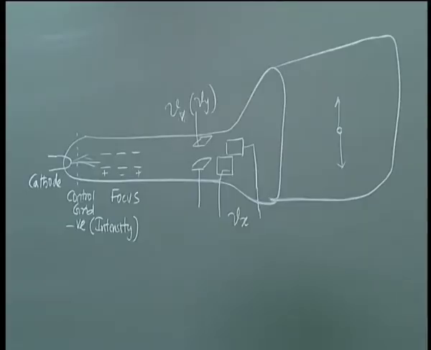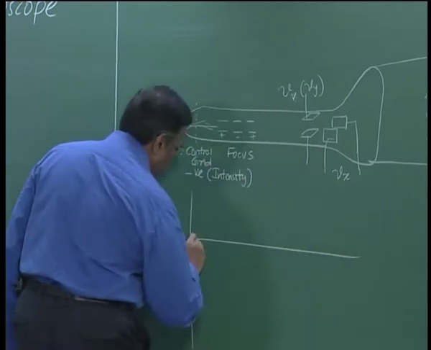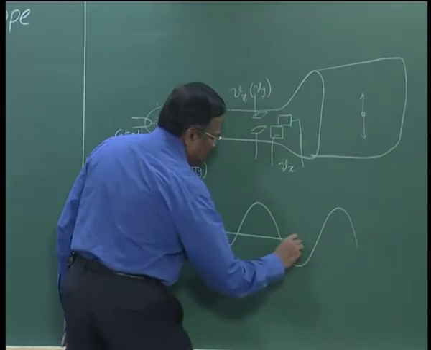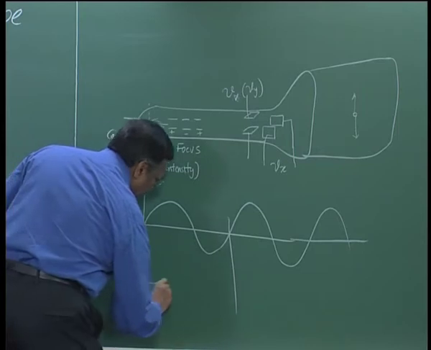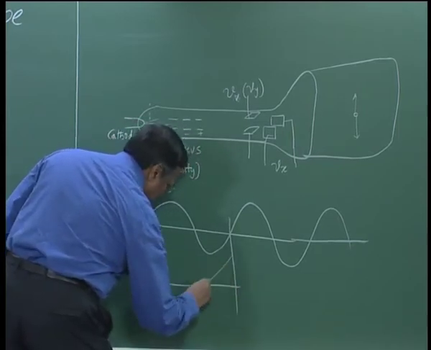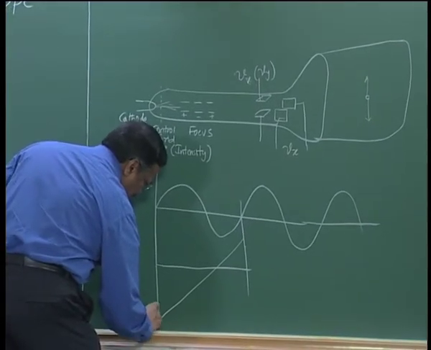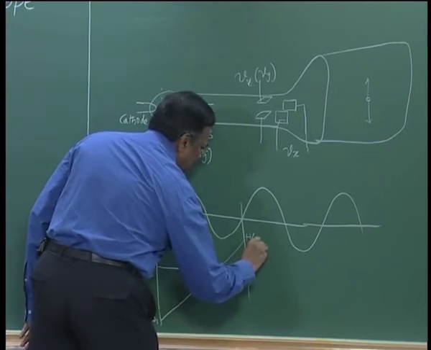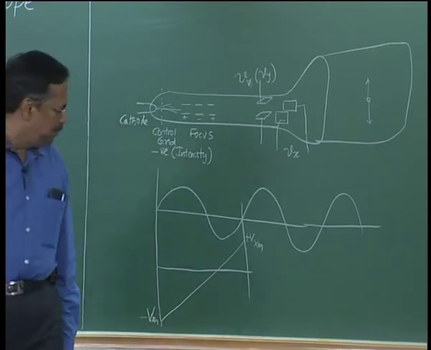And in the last class we learned that if I want to display a waveform, of course we took a sine wave because it is easy to understand, we have to give a special voltage waveform which goes from minus Vx max to plus Vx max in whatever period that we want to make the display.